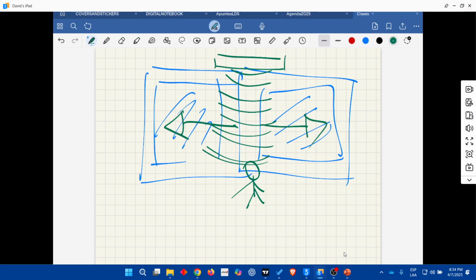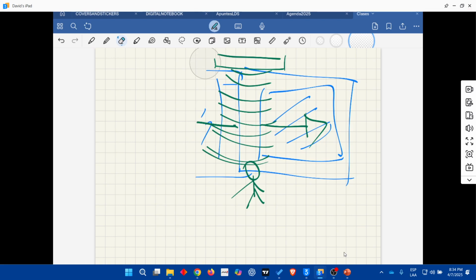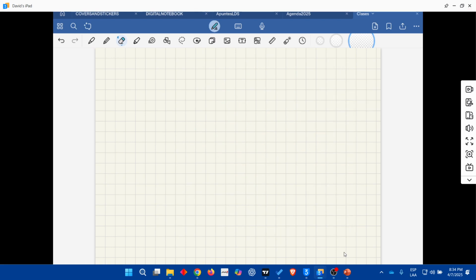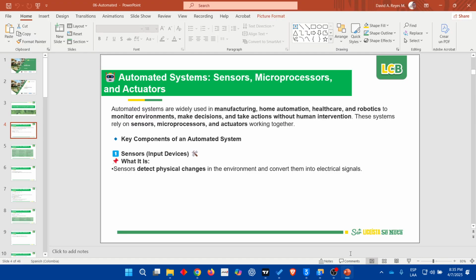The door starts opening. Okay, that is an automated system. I have a lot of examples for you. So the first component is the sensor because it's the input device.